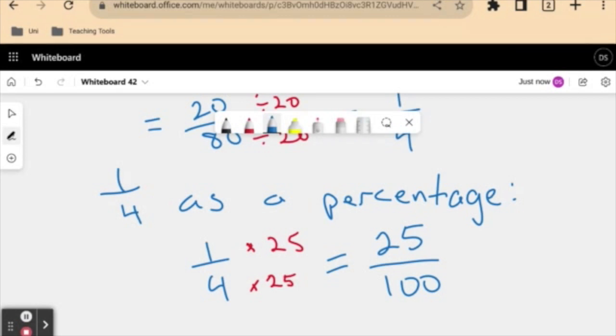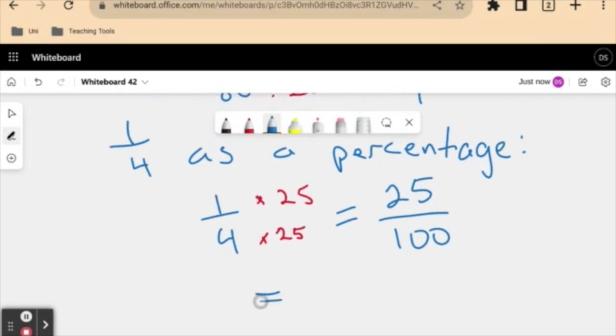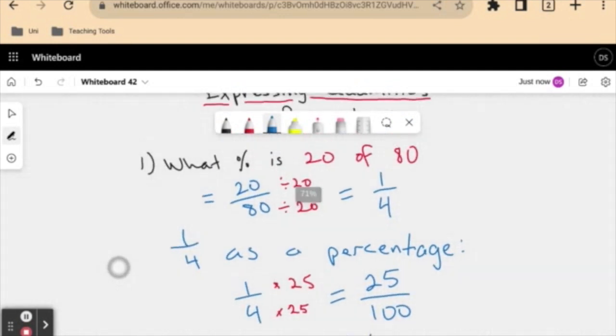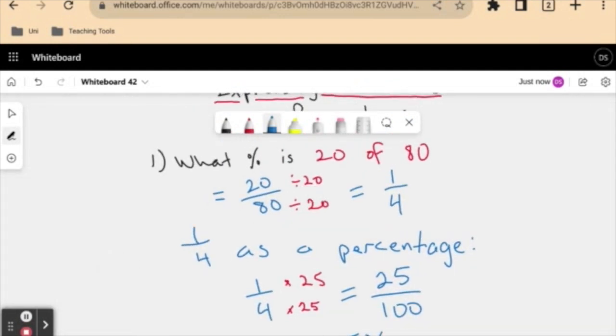We have a fraction with a denominator of 100, which allows us to straight away convert into a percentage. So taking one quantity as a percentage of another just requires us, by definition, to put this as some type of fraction: what is 20 as a fraction of 80?